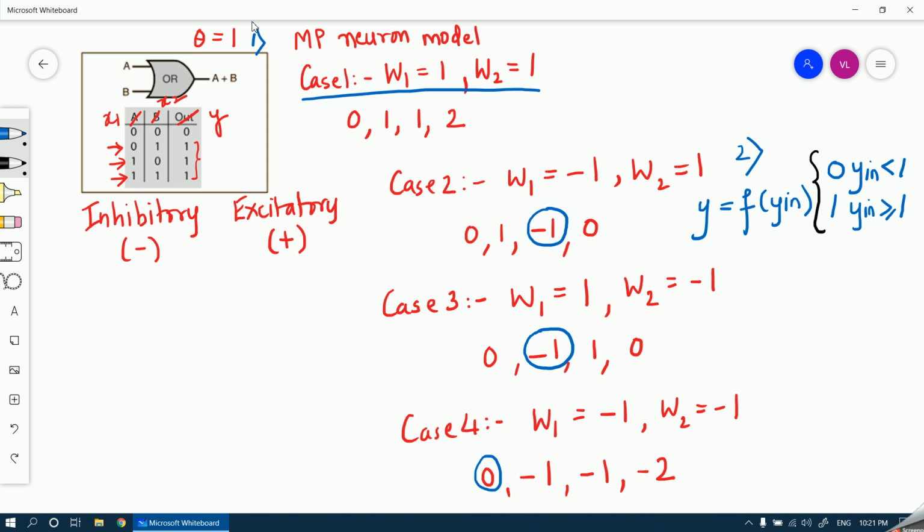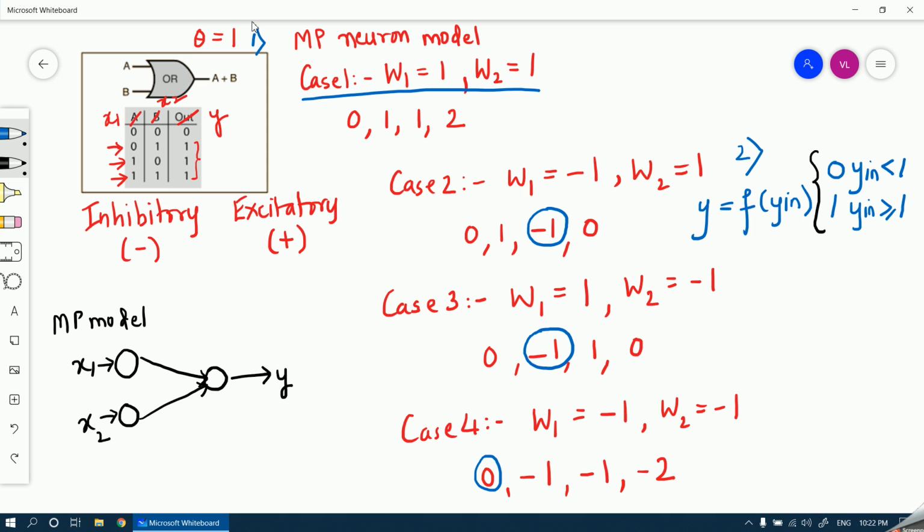Now, if we want to represent this in the form of an MP model, the McCulloch-Pitts model, then we have two inputs, x1 and x2, and we have y, which is the output.